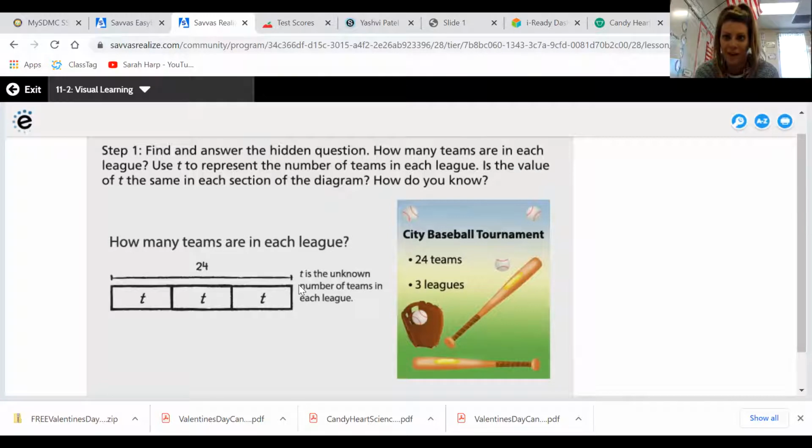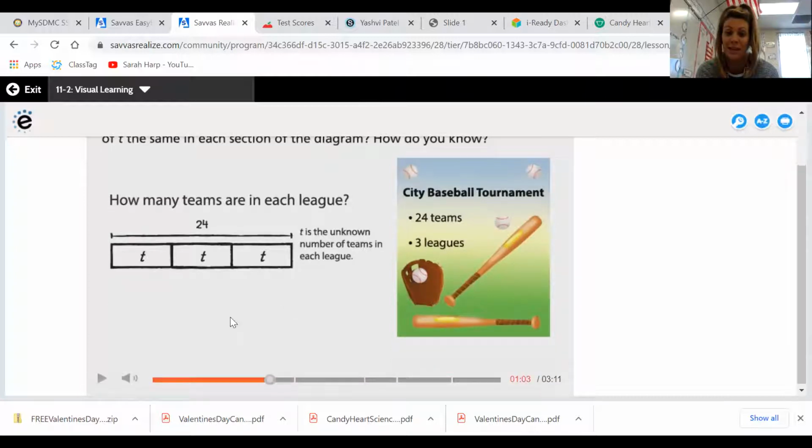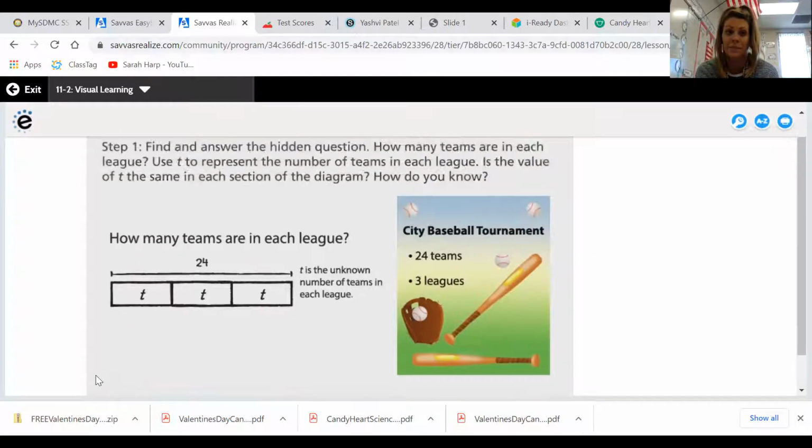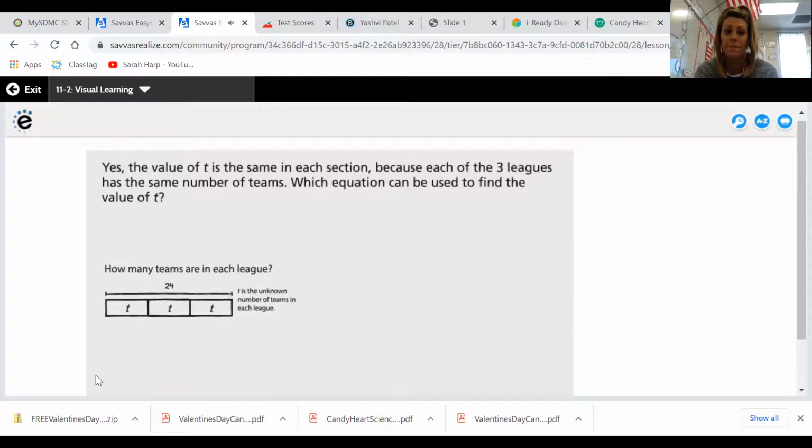Well, when we divide, each group has to have the same number because it's equal. We're dividing it equally. So the answer would be yes. Yes, the value of T is the same in each section because each of the 3 leagues has the same number of teams. Which equation can be used to find the value of T?